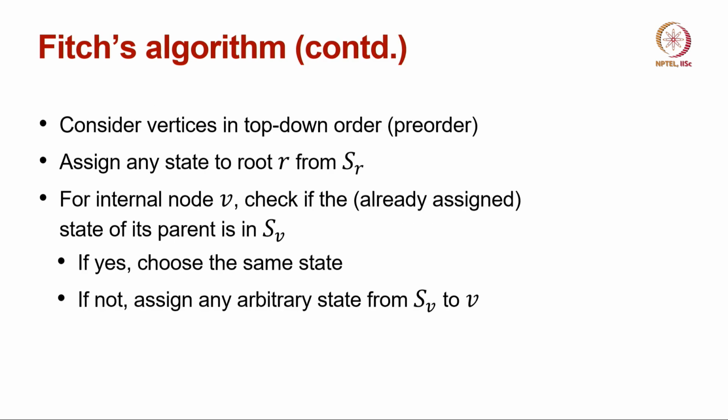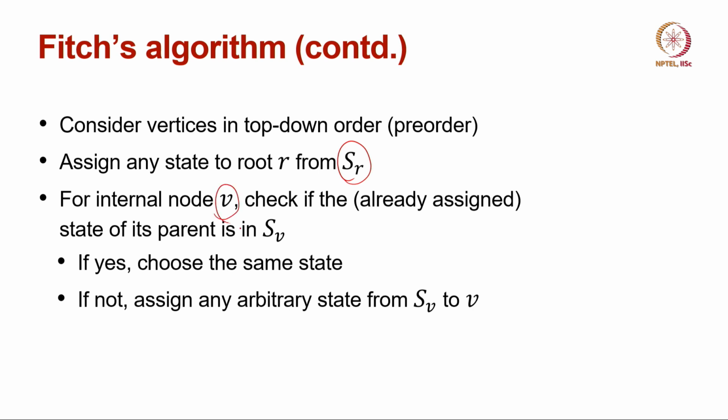The procedure is as follows. In this algorithm, we will consider the vertices in top-down order now. We will assign any state to the root node R from its set S_R. So, we will consider S_R and pick any state from S_R and assign it to the root.